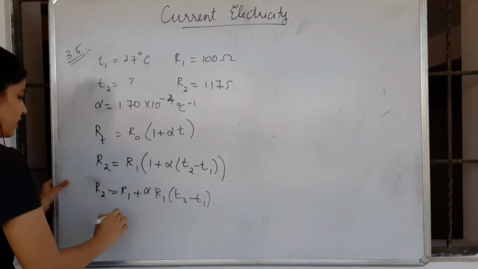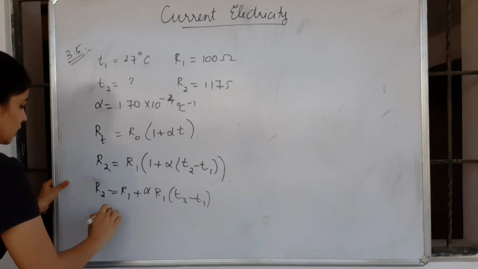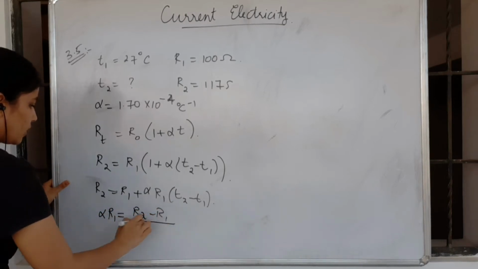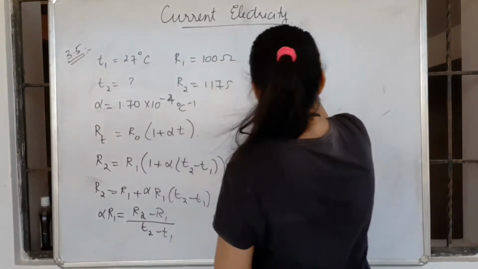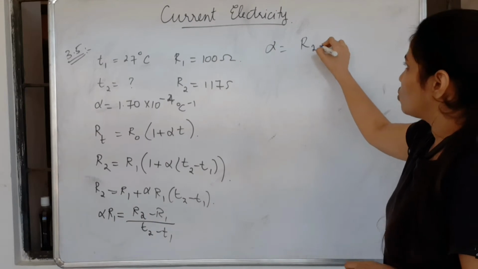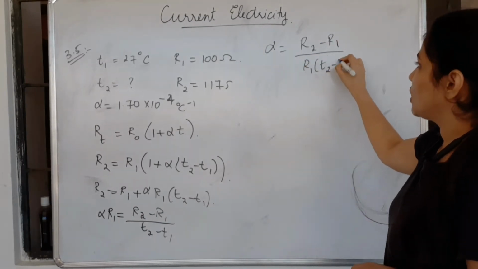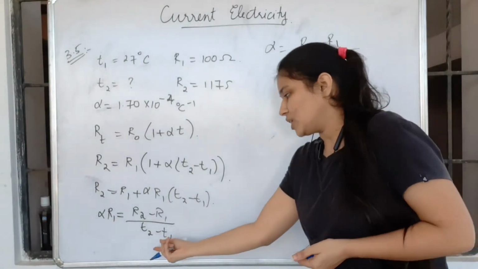So what is alpha from this? Alpha into R1 is equal to R2 minus R1 divided by T2 minus T1. So alpha is equal to R2 minus R1 divided by R1 into T2 minus T1. So basically we need to find out T2 here.